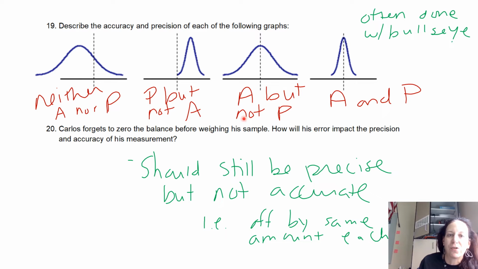So that's what all those notations are. Here, what this said is it should still be precise but not accurate, i.e. it'll be off by the same amount each time. So it's like this situation here where if you're off by a certain amount, you're still going to be pretty precise, clustered, but you're going to be off by that same amount each time.